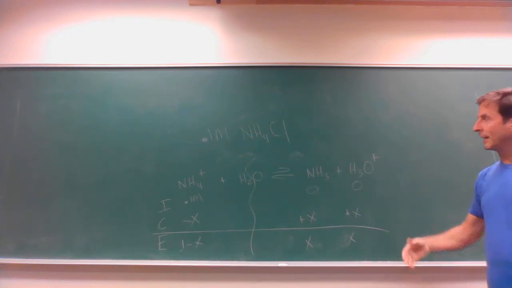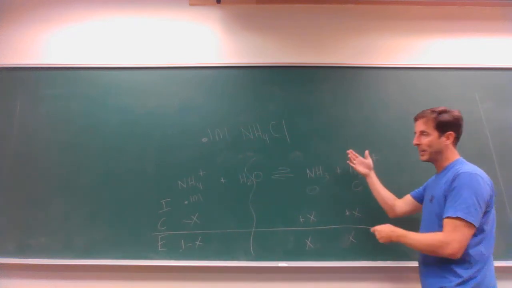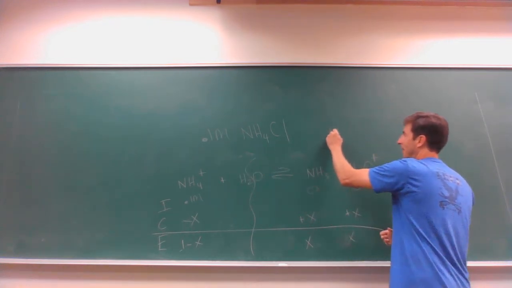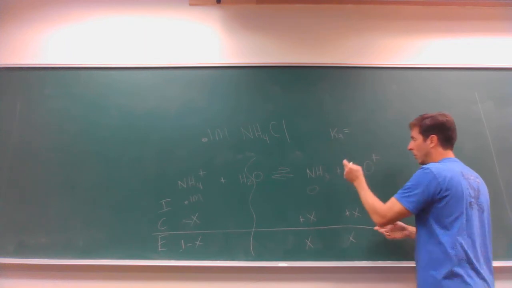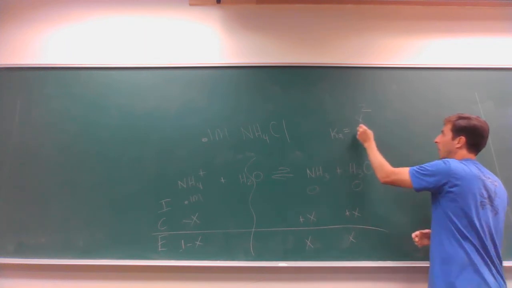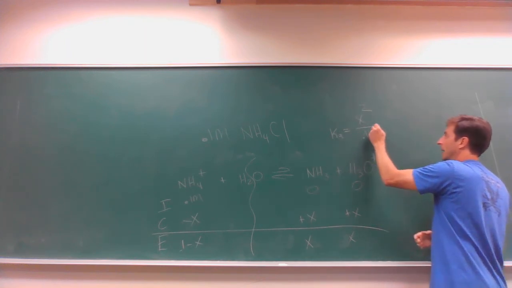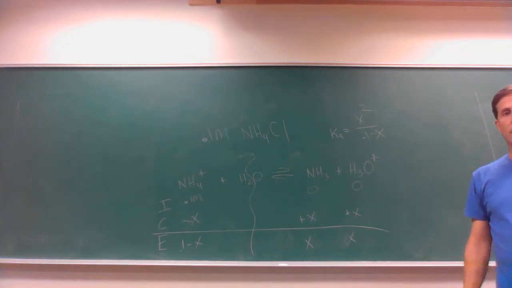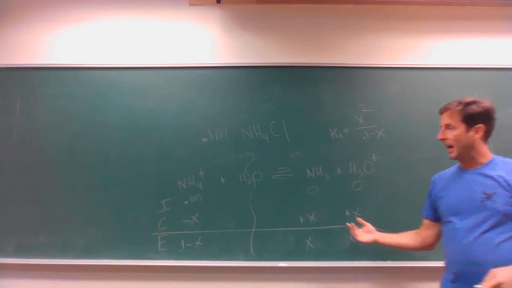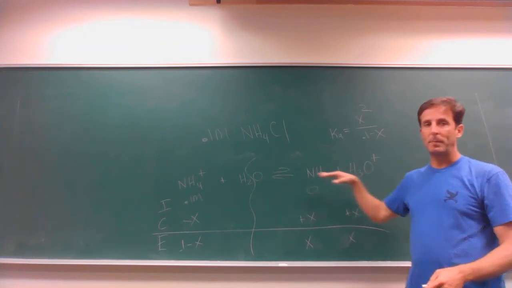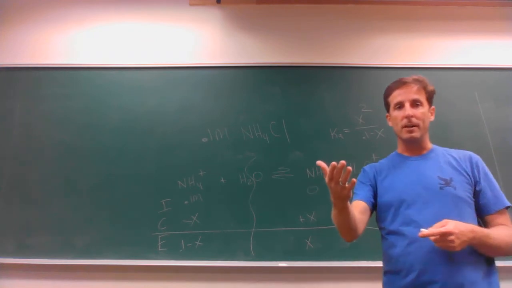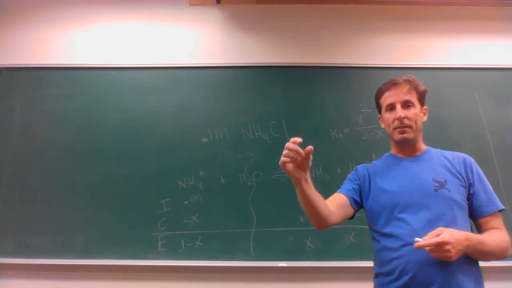At that point, I can set up my expression. For ammonium, I'm going to have a Ka value equals X squared over 0.1 minus X. Having that, I do need to know for this reaction what my K value is. Well, again, we know that the Kb for ammonia is 1.8 times 10 to the minus 5.